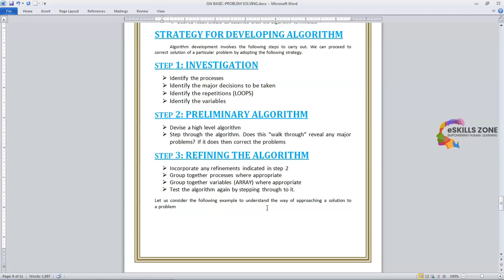So there will be a problem: you have to bake a cake in your house.